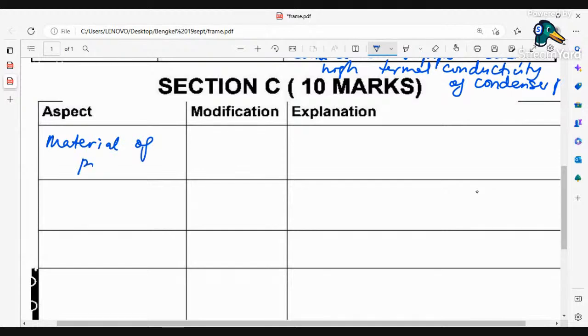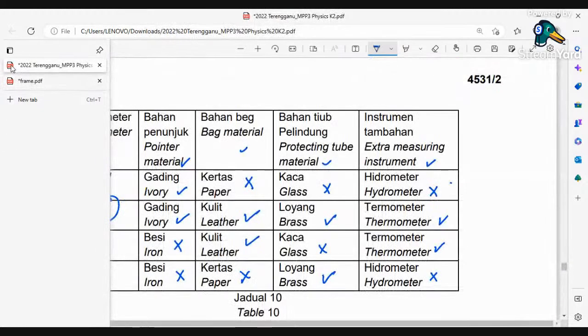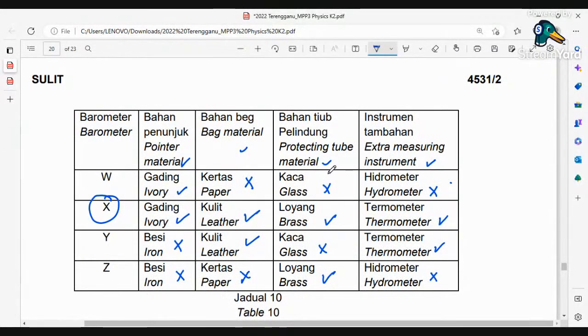Material of pointer, material of bag, material of protecting tube.